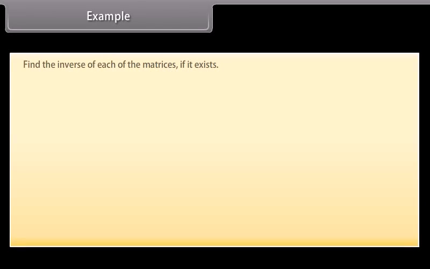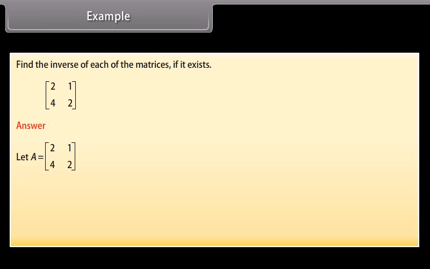Example. Find the inverse of the given matrix, with rows [2, 1] and [4, 2]. Let the given matrix be A. We know that A can also be written as AI.